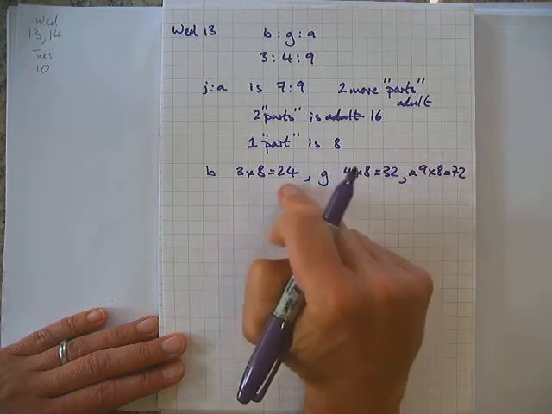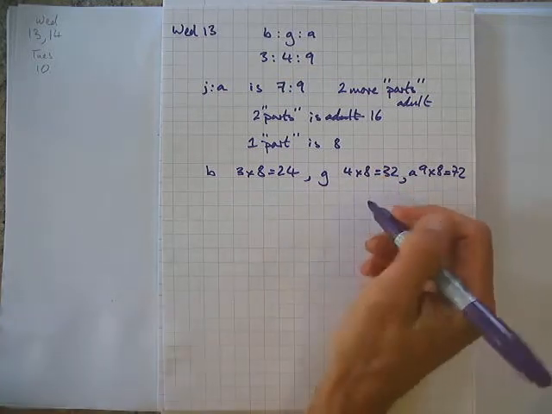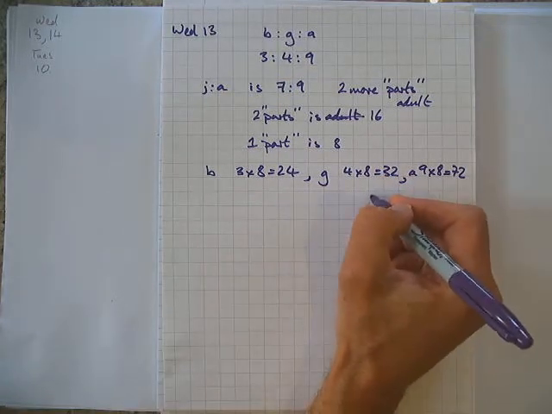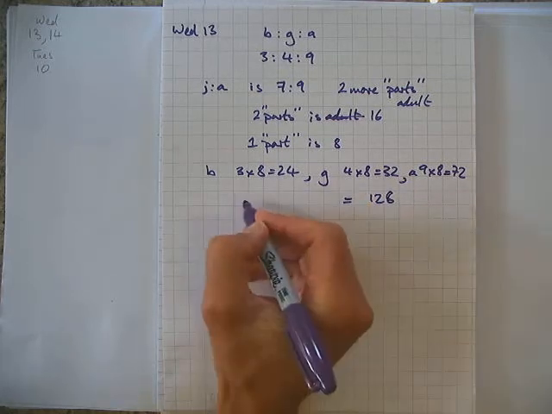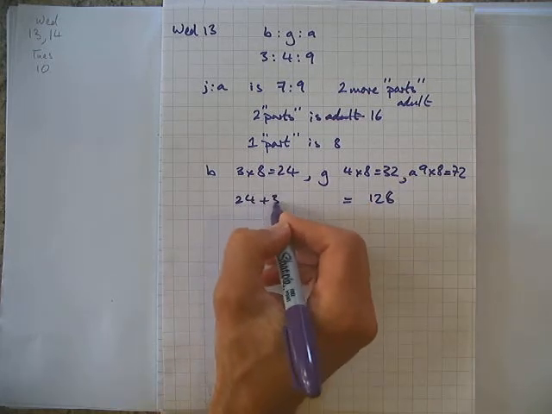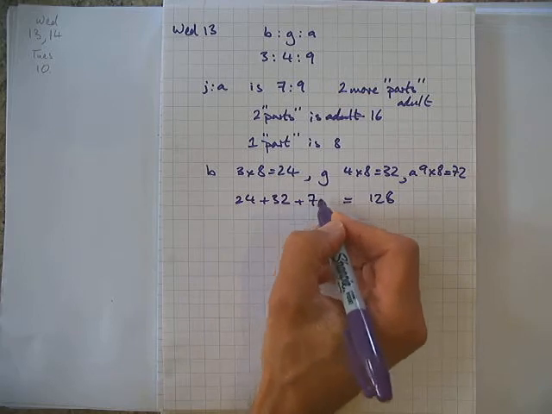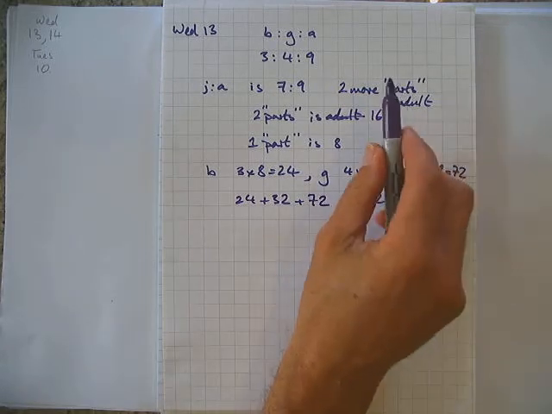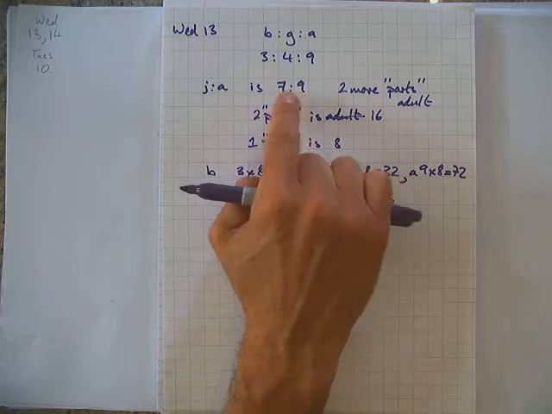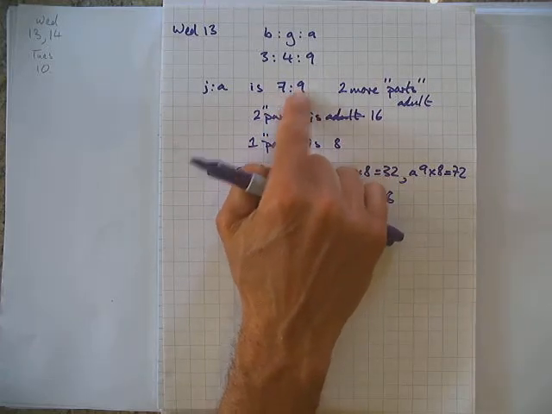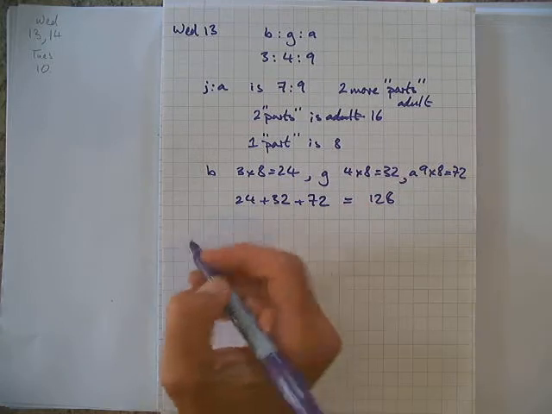So that's 24, 32 and 72, which is 128. So that's one way of doing it: 16 more adults than children, and the difference was 2 parts in the ratio. That's a good way of doing it.